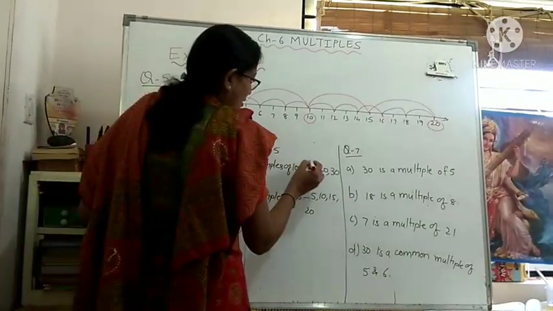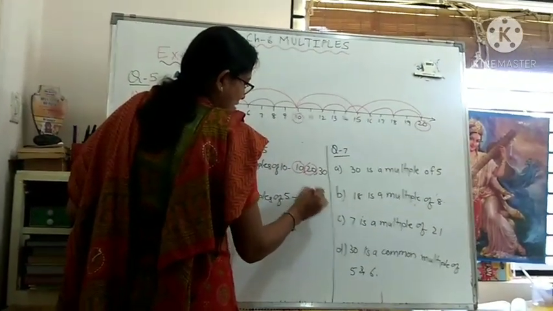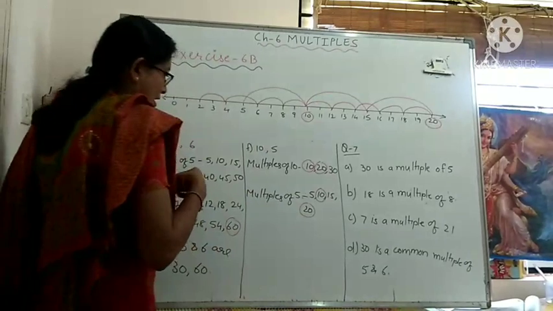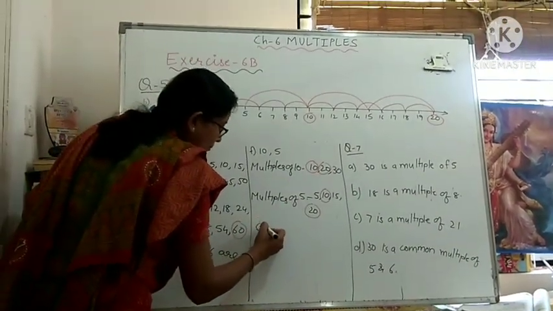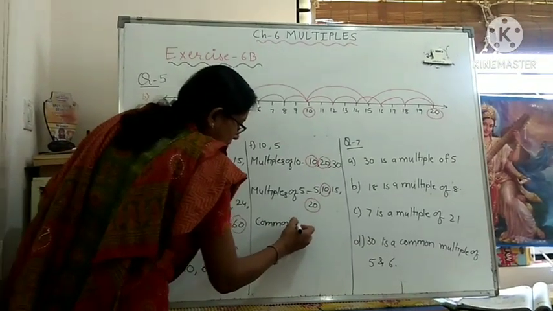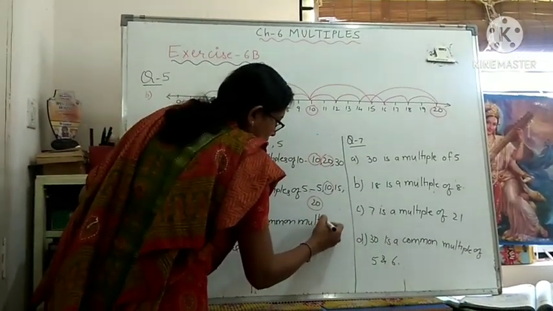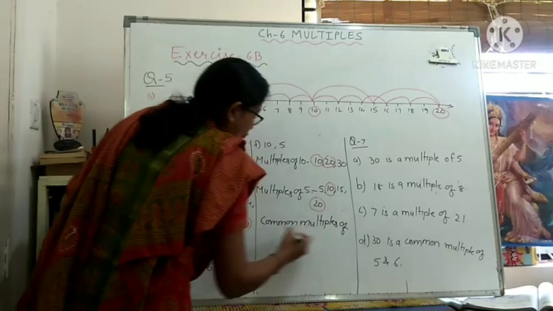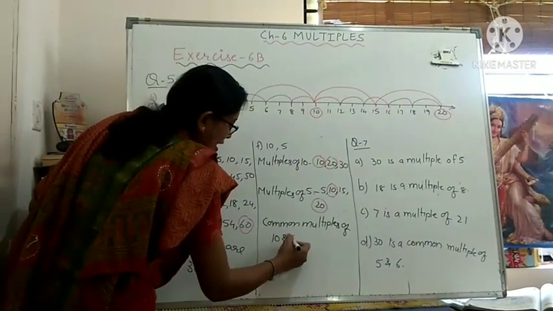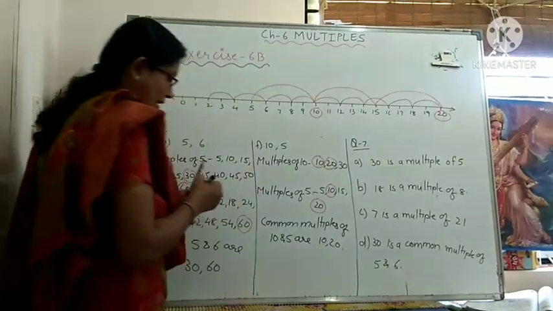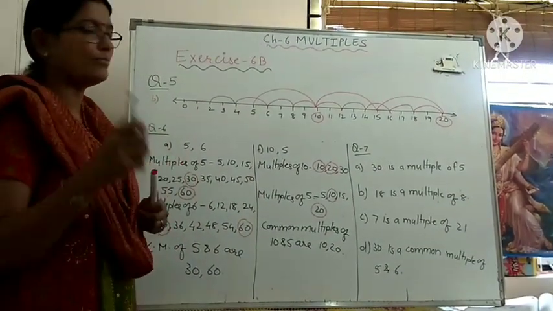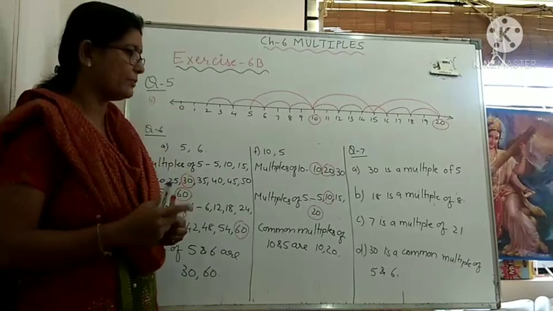They are 10 and 20. And so at last I will write here downside that common multiples of 10 and 5 are 10 and 20. Right? This is the way you have to do the sum for finding the first 2 common multiples.